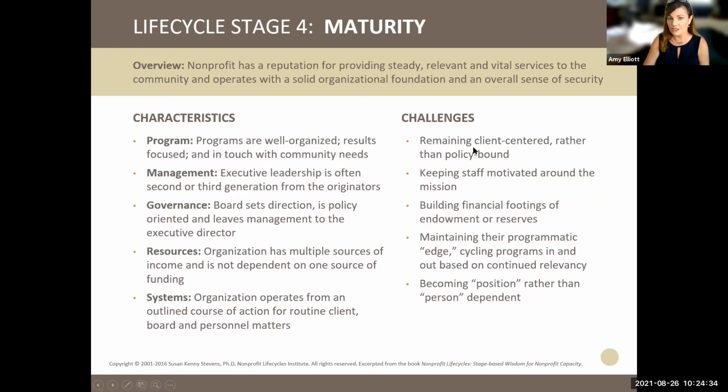Here are some of the challenges. Not policy bound. So the temptation when an organization gets mature, the organization I told you about that declined without anybody knowing about it, this was one of those cases. They got big, they got mature, well-known throughout the community. Everybody thought they were doing great, and they just kept doing things the way they did it.